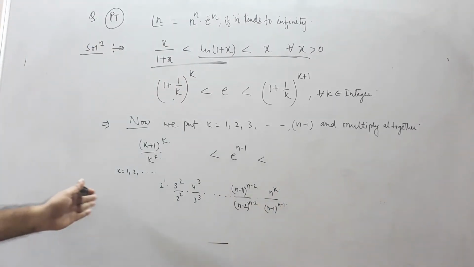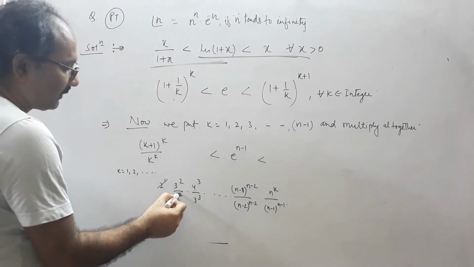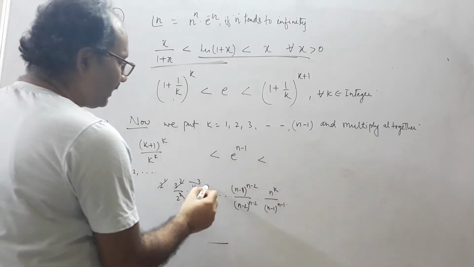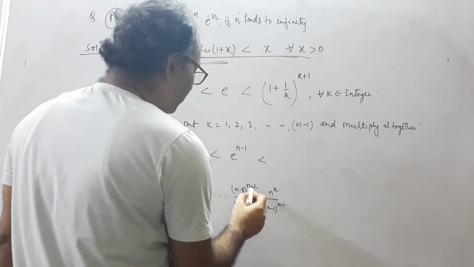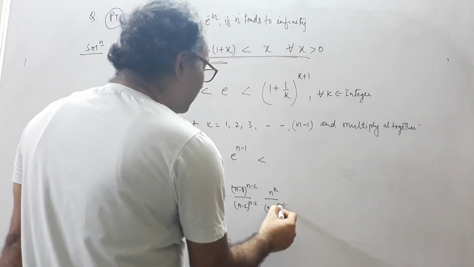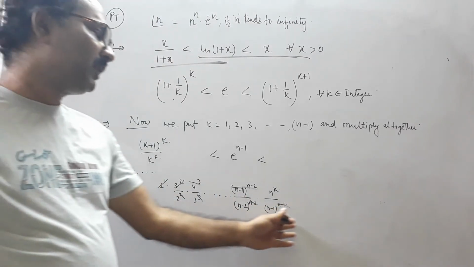So if we simplify this, then what shall we get? This power will be cancelled out by this, and similarly the numerator terms will be cancelled out by the denominator terms n minus 1, n minus 2, and only a single linear term will be left in the denominator.